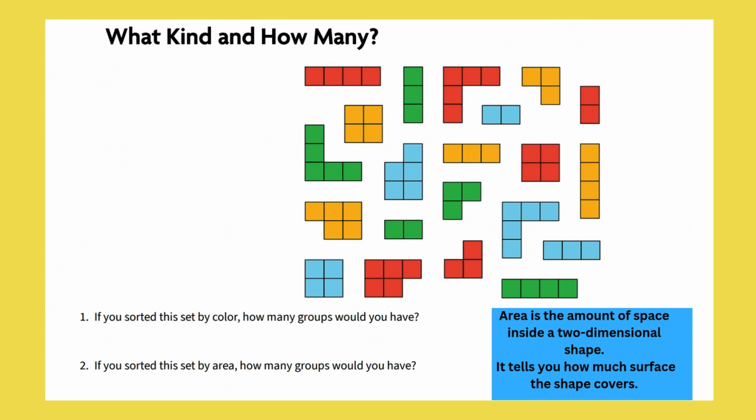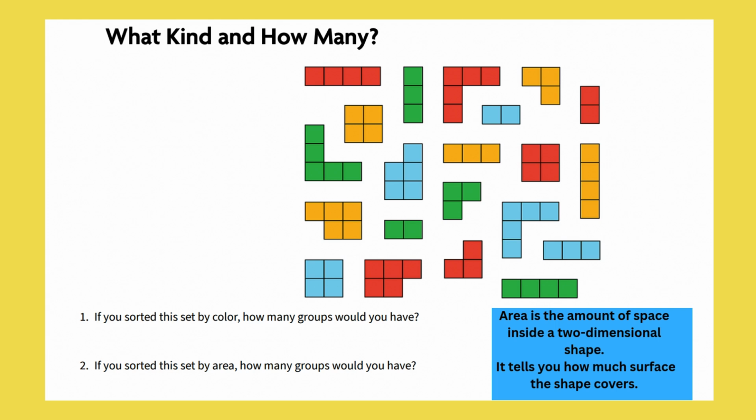Okay. If you sorted this set by area, how many groups would you have? Okay, and I've put a reminder of what an area is. Area is the amount of space inside a 2D shape. It tells you how much surface the shape covers. So if you needed to sort this by area, tiles with area of two, tiles with area of three, tiles with area of four, and so forth, how many groups would you have?